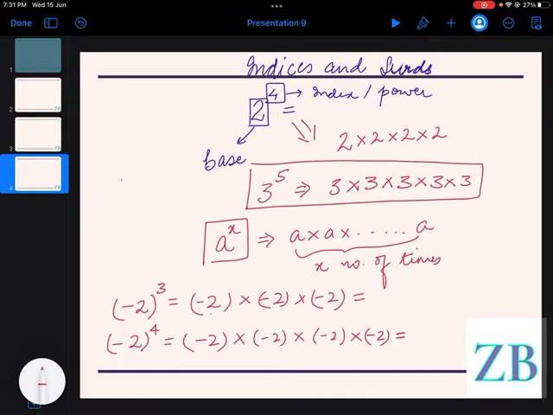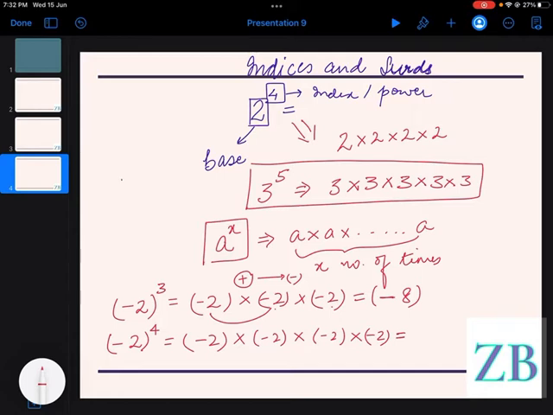You know that when a negative number is multiplied to a negative number, it would yield a positive number. But if a positive number is multiplied to a negative number, it will yield a negative number. So no doubt that the answer would be negative. And we know that 2 times 2 times 2 is 8. The answer will be negative 8.